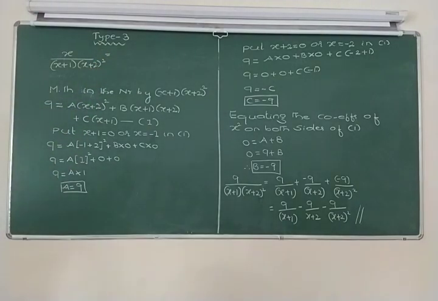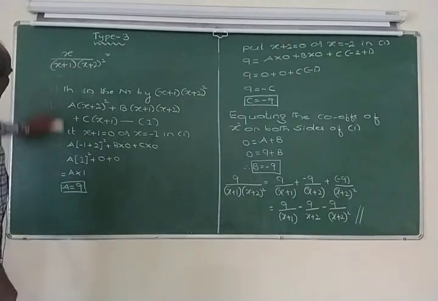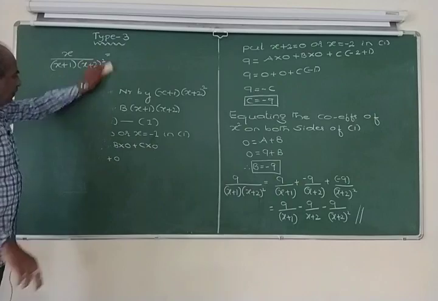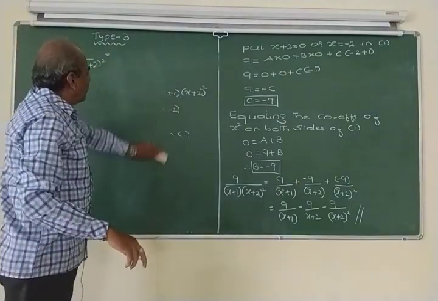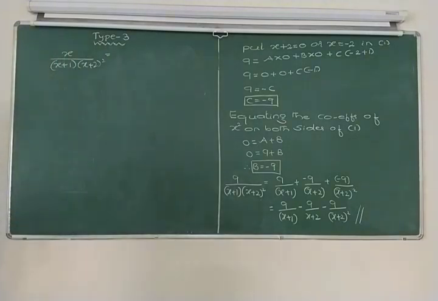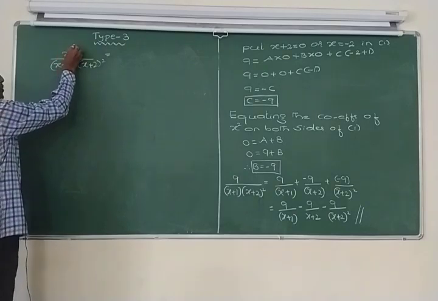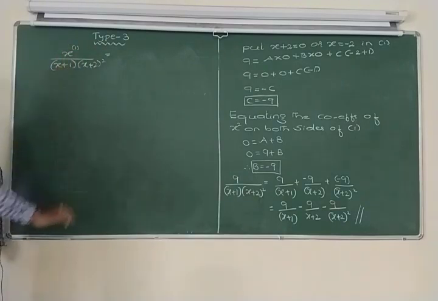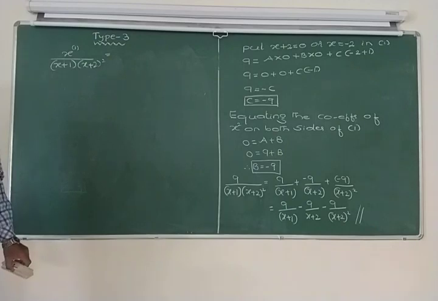So, here the working rule is the same. What is that you have? X divided by x plus 1 into x plus 2 the whole square. It is a proper fraction because highest power of the variable in the numerator is 1. Highest power of the variable in the denominator is x cube, it is 3. So, 1 is less than 3, therefore, it is a proper fraction.